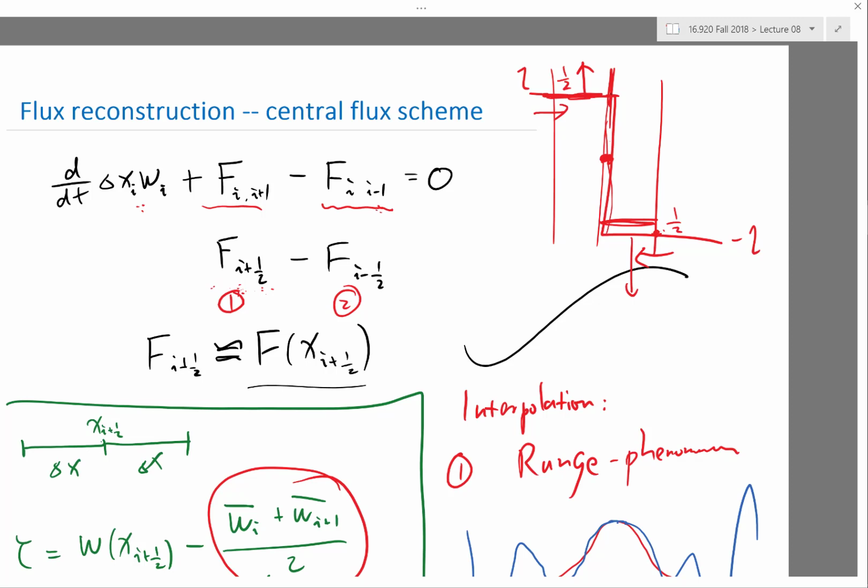I'm waiting for your suggestion. There is actually a pretty simple thing to fix this. Do you have the shock sitting in the middle of the cell? Can I have a shock sitting in the middle of the cell? Yes, that's possible. So right now the shock is near the edge of the two cells.